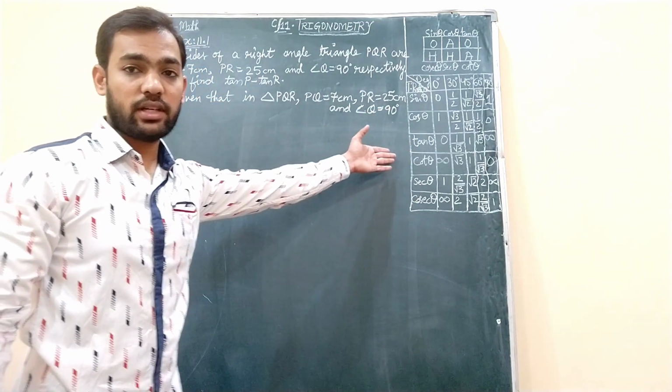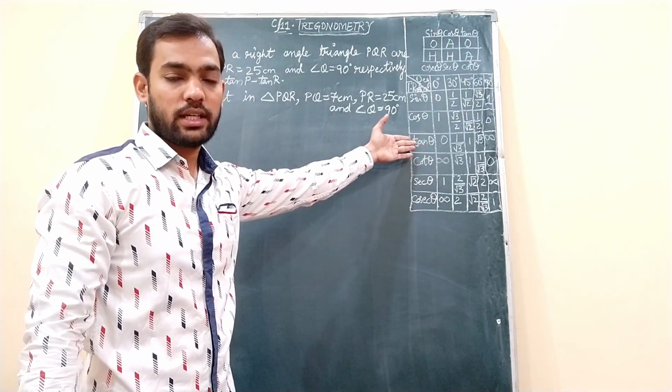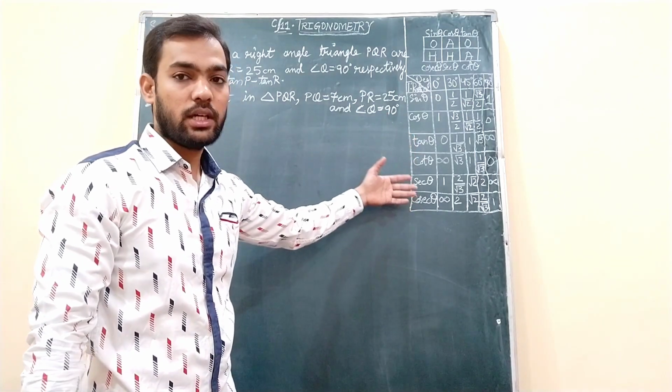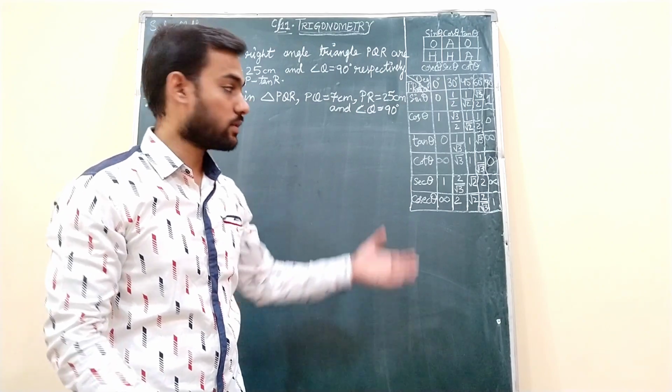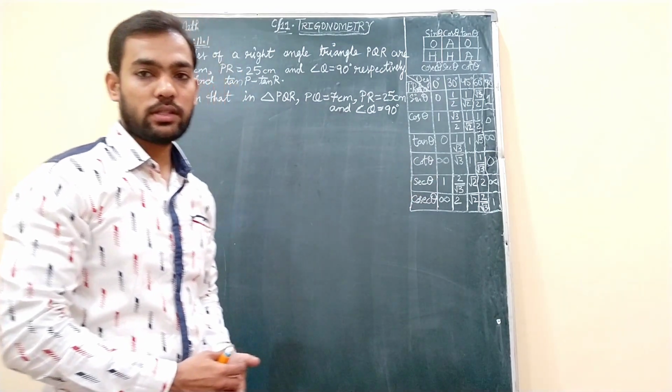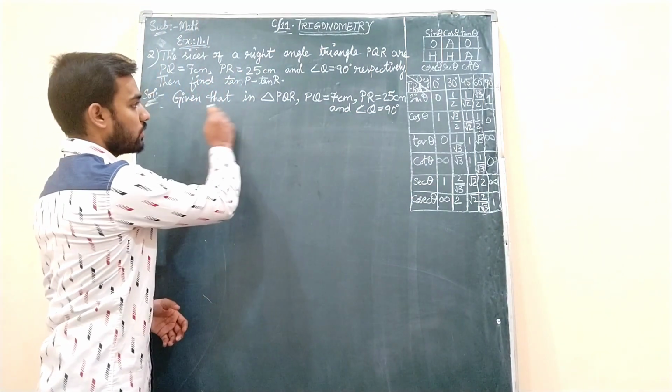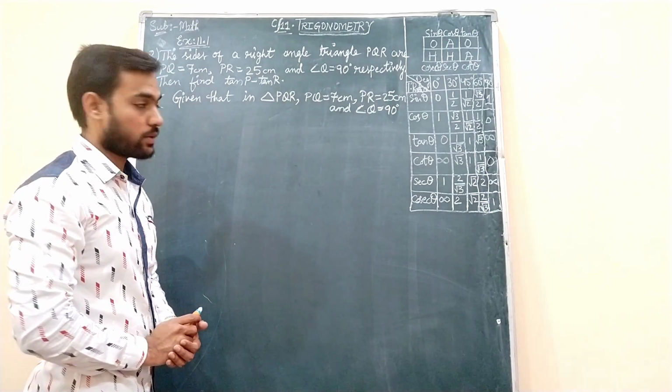Don't think I have written it smaller, just for reference purpose I have written this formula. Already in my last video I made a big table, so you can refer to that whenever you need to check the values of all these trigonometric ratios. Okay, so this is the given data of our question.